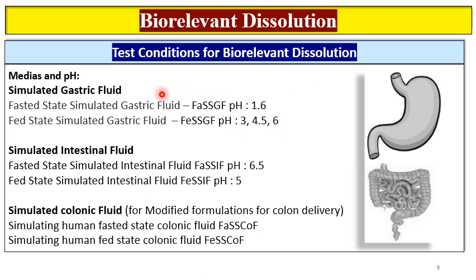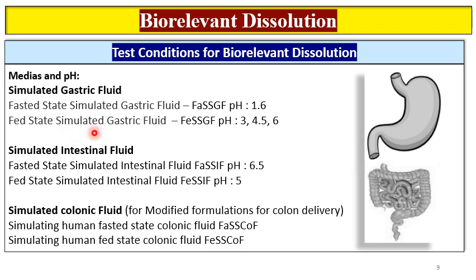Then what are the pH of these medias? Like in QC release media, we take pH of 4.5, 6.8, 7.5 and many more. So we have to check the pH also. We should know what is the pH. So fasted state simulated gastric fluid is referred as FaSSGF. It is 1.6 pH.